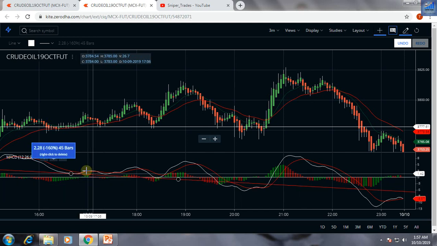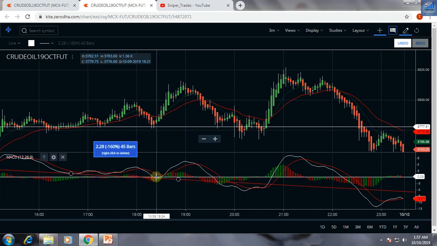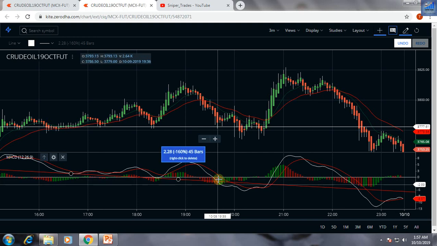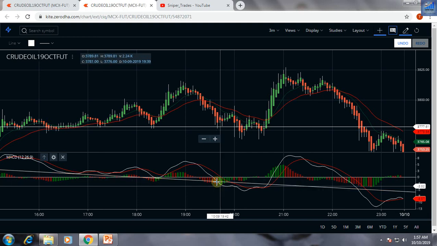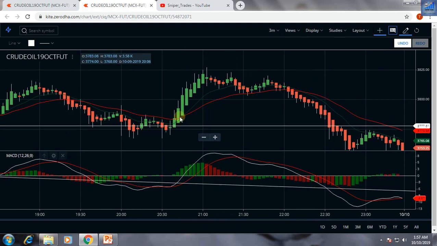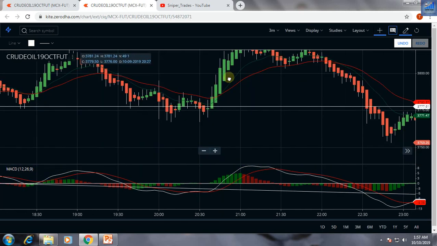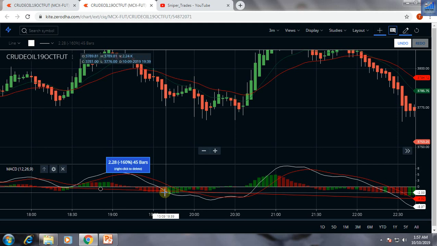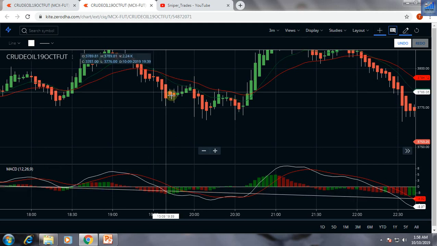As we can see, here the MACD line has bounced upward, and here too it bounced upward, but here this MACD line is below this baseline and it has violated its path and came downwards. See at this particular level, the MACD line has crossed downwards the support and came downwards.